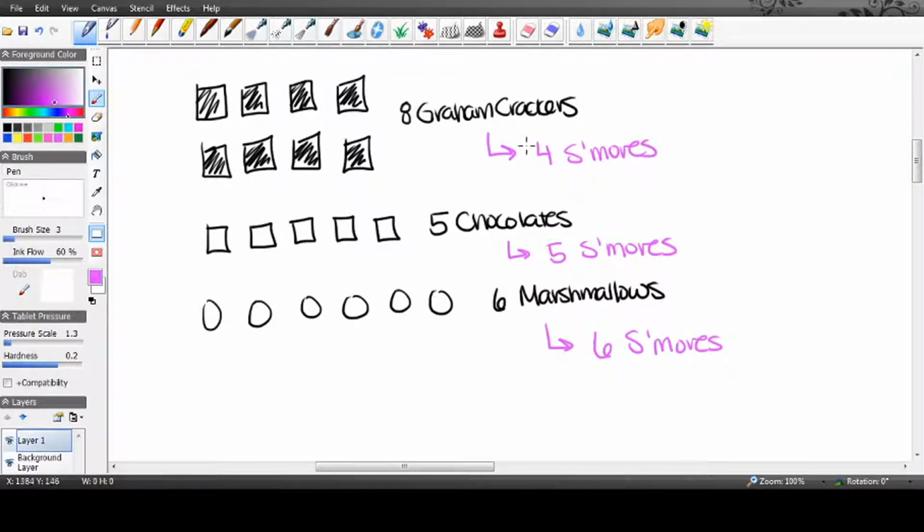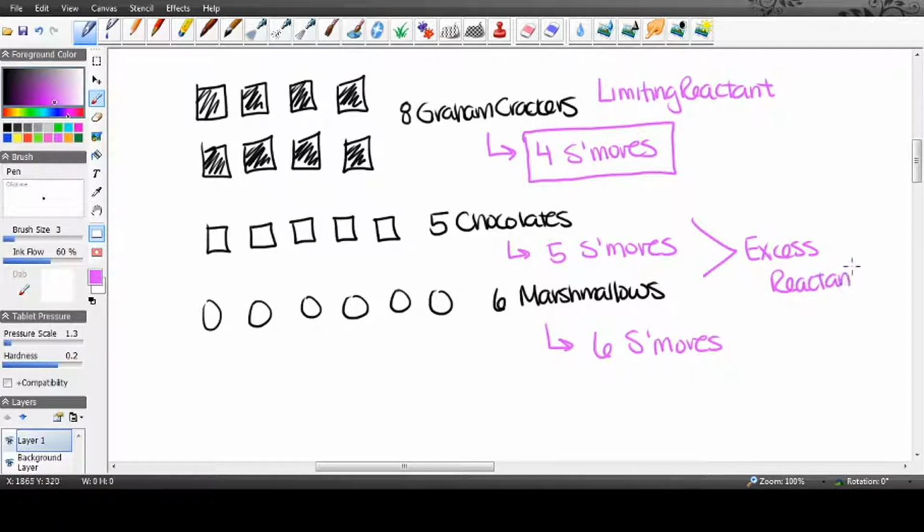So the fact that your graham crackers limit how many s'mores you should be able to make makes the graham crackers the limiting reactant. And these other reactants that would allow you to make more, these are called your excess reactants.